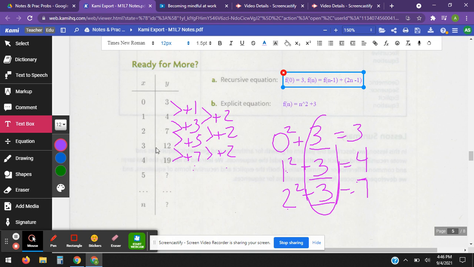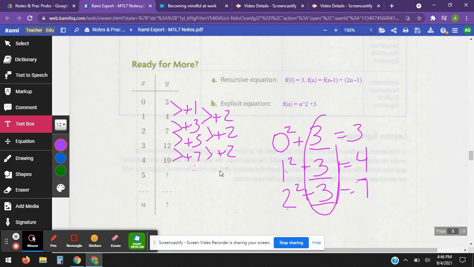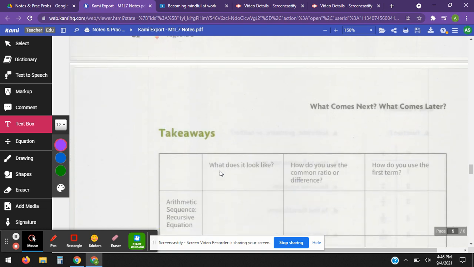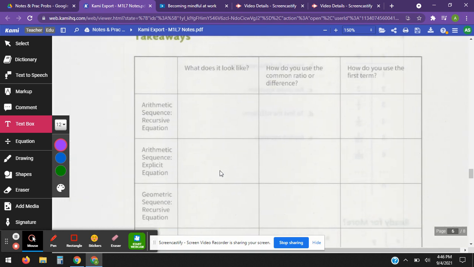So I'm taking my term number, doubling it to get what I'm adding each time. That one is actually Unit 7 stuff, so just a little sight into what's coming ahead.